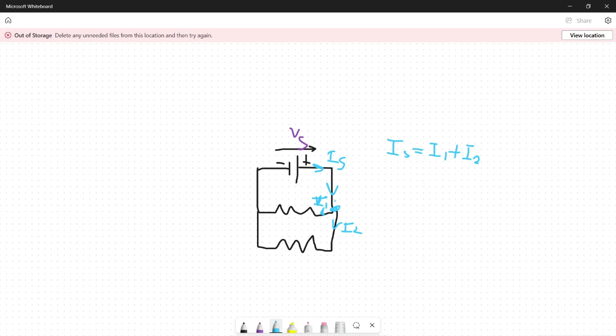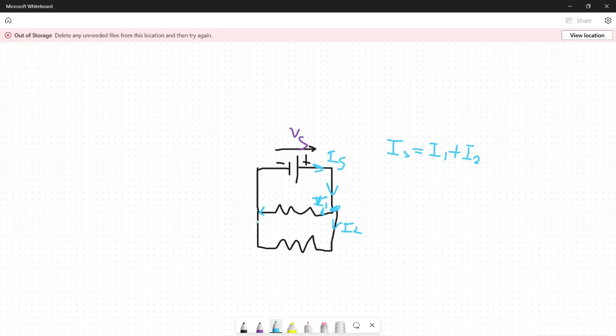But you notice it splits, and the total amount of water that went into that tube is just going to split then. That's why it's the sum of these, because the total amount of actual current will remain the same.